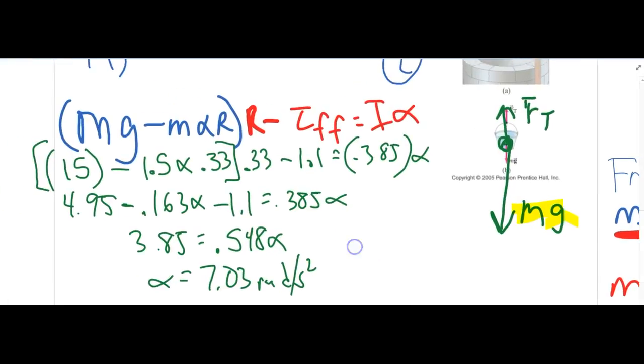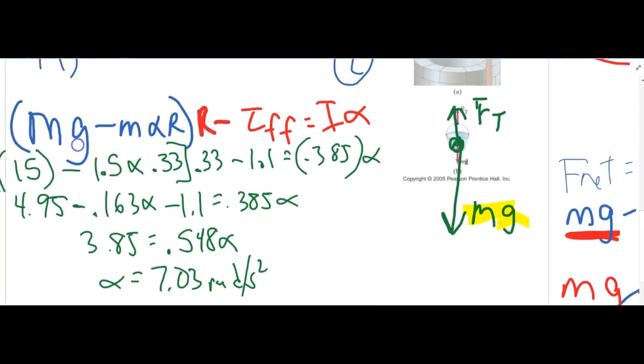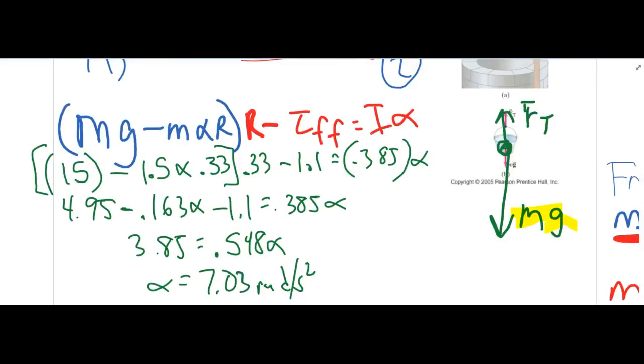Mg of the hanging weight was 15. M was 1.5, alpha I don't know, R is 0.33, the other R is 0.33. Simplifying 15 times 0.33 gives me 4.95. Simplifying 1.5 times 0.33 times 0.33 gives me 1.6. Again, pretty easy, minus the 1.1, and then equals the 0.385, which I solved in the previous problem.